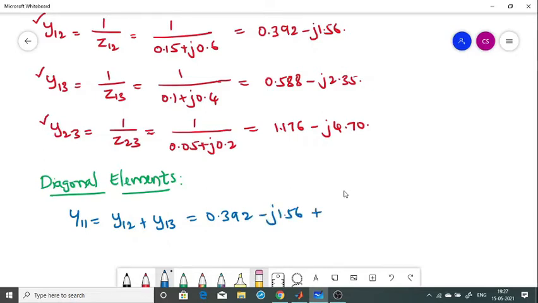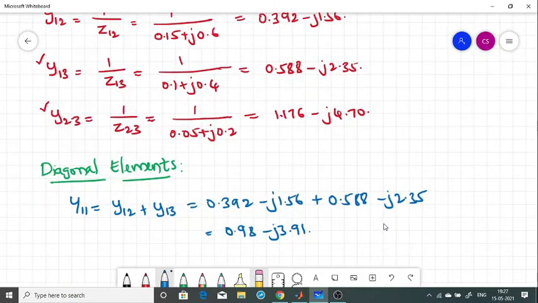Plus what is Y13? 0.588 minus j2.35. So the resultant value is 0.98 minus j3.91, which will be in terms of mhos. I'm not representing units.